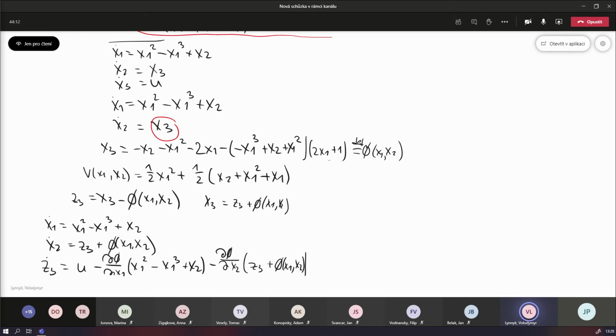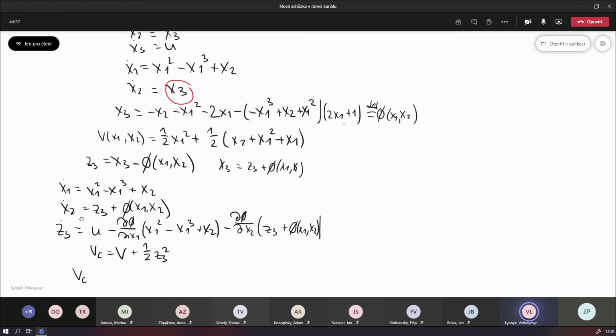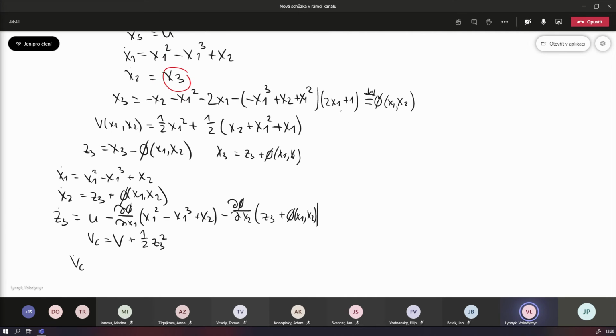Okay, and we need to use the composite Lyapunov function equal to v plus 1/2 z3 squared, and then we can calculate the derivative of v of the composite function and so on.